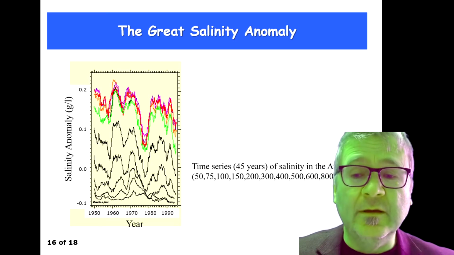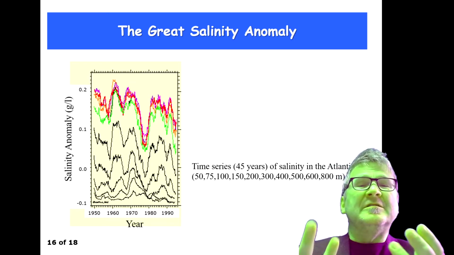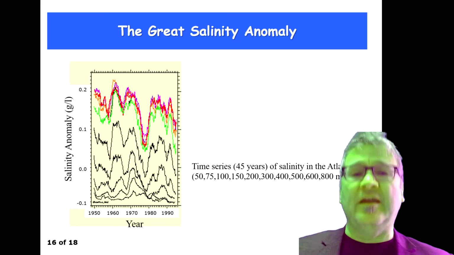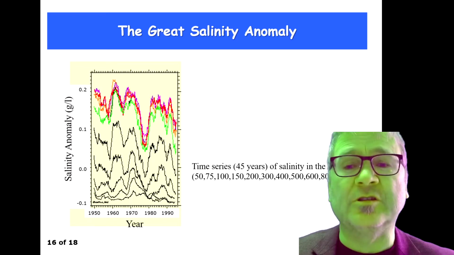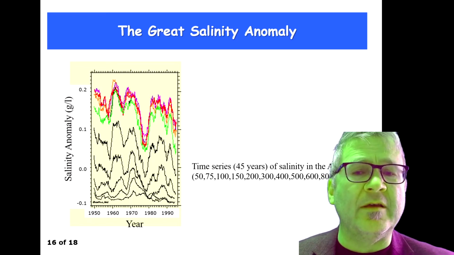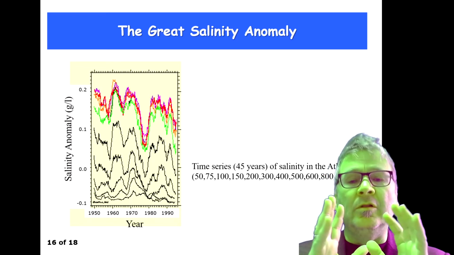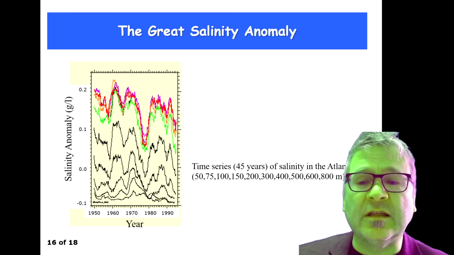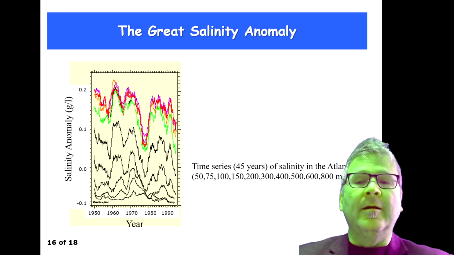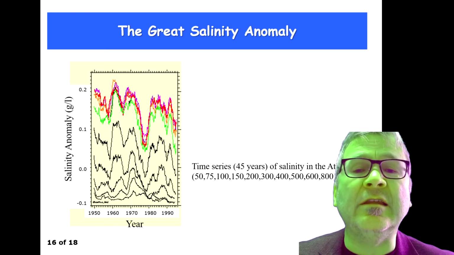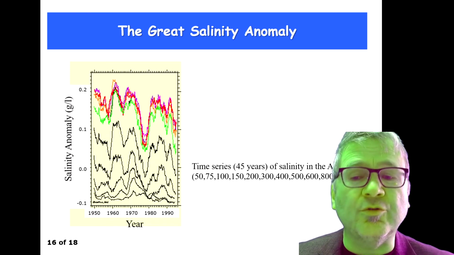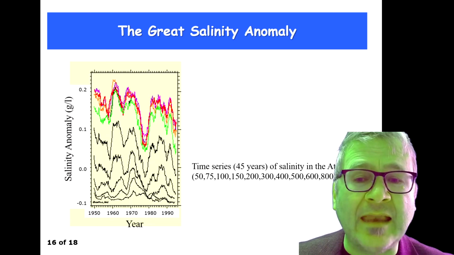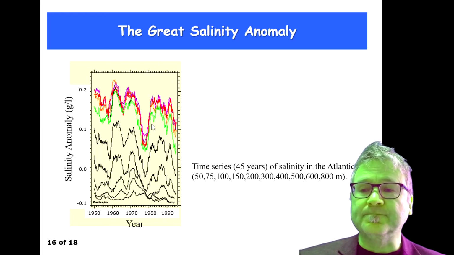scientific achievement. So now what happens, you can actually look now at observations, and we looked at temperature observations to trace water masses. You can actually look at all pieces of information that you have and try to track the great salinity anomaly through the North Atlantic and the Arctic.